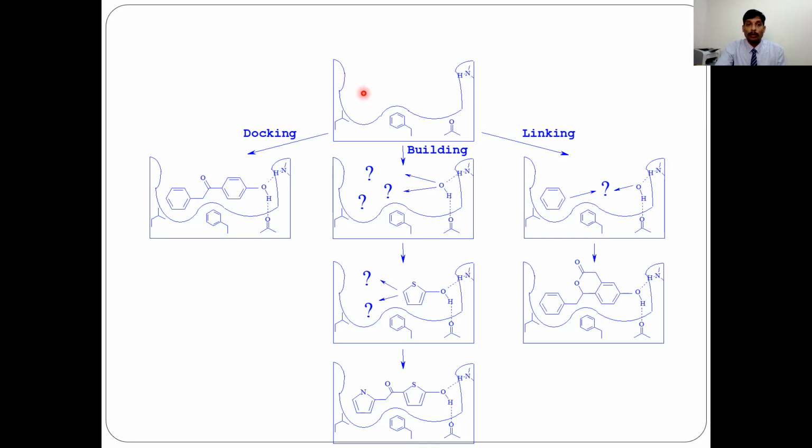How to do it? So the linking, binding, and docking. So try to do some linking. So it is an amino group, so we need a molecule which can form a hydrogen bond. So a hydroxyl group. And then here some aromatic hydrophobic region.